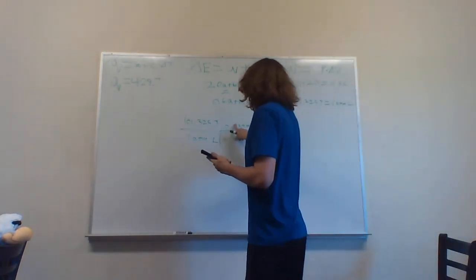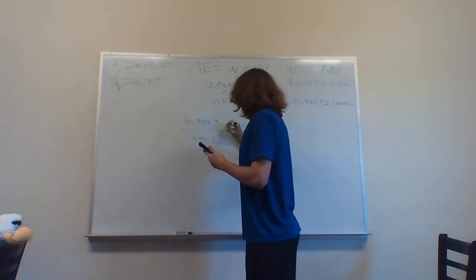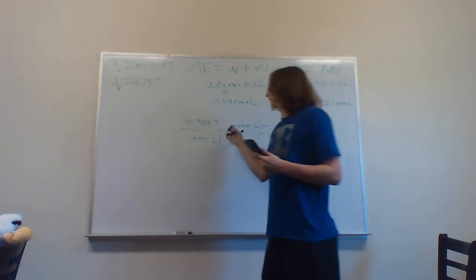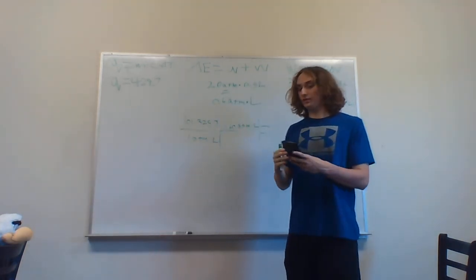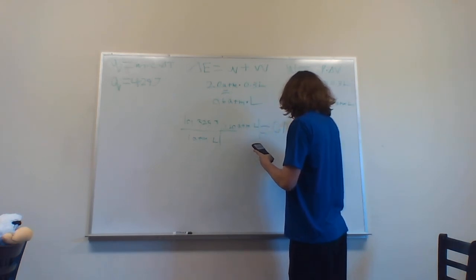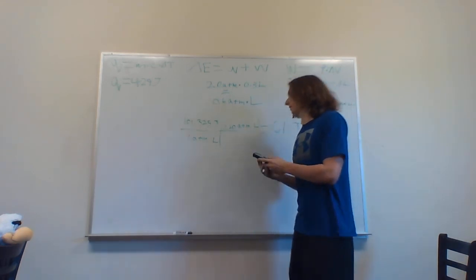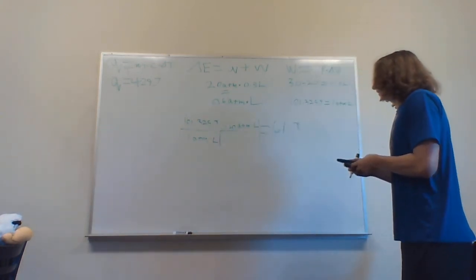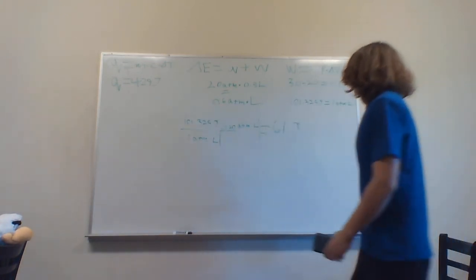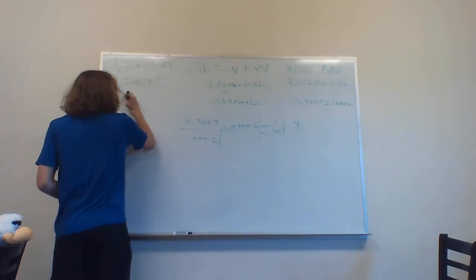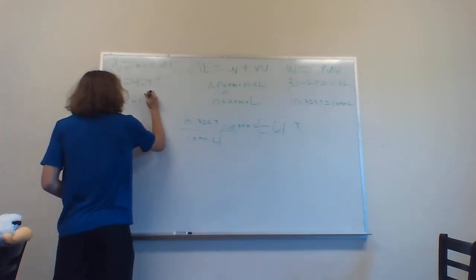To make it easier, I'm going to add another sig fig to the end, so I can write my answer as 61 joules. A little bit cheating, but I think it makes more sense this way. So we calculated our work, which is W equals 61 joules.